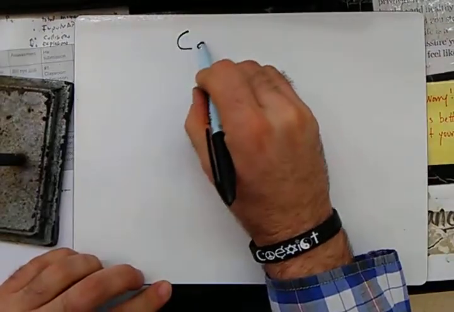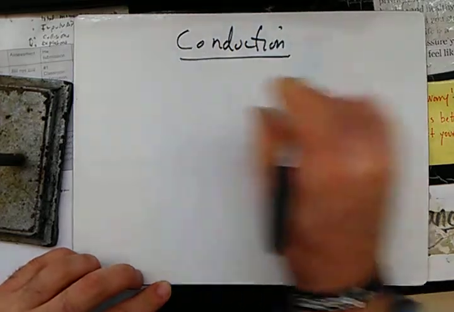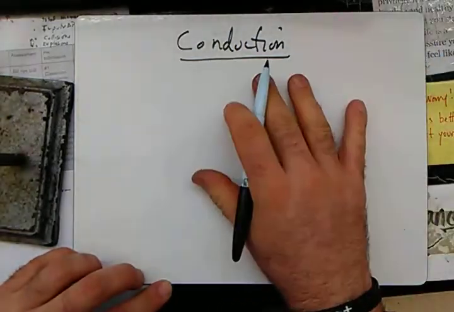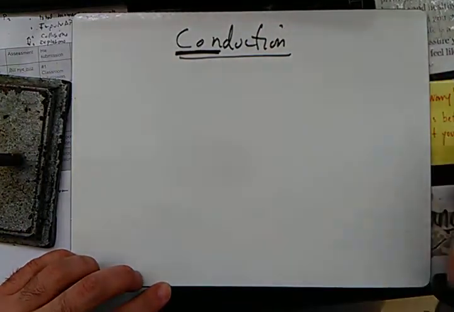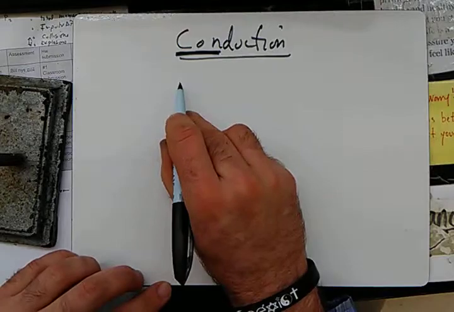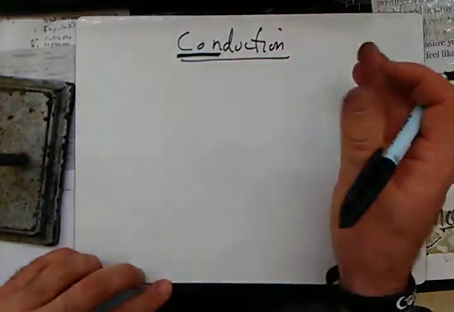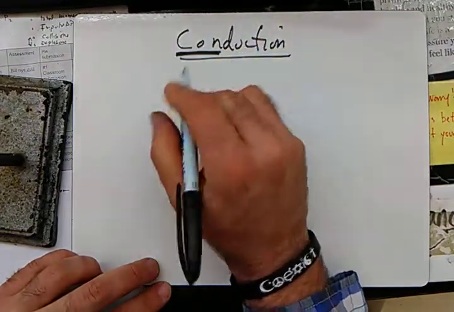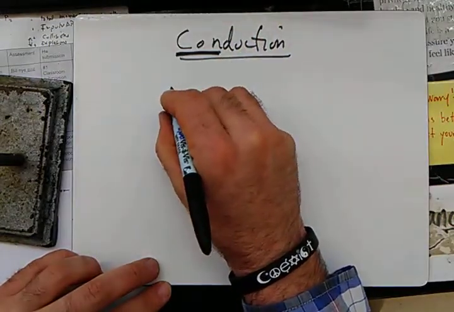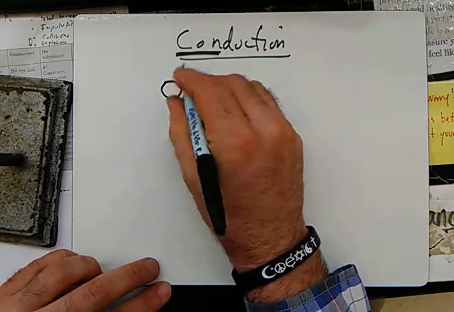So let's look at conduction first. Conduction is charged by touching or contact. You can look at the first part of the word conduction, contact. So the first way we charge something, when we conduct something, is our typical example, and you'll see these examples in class.